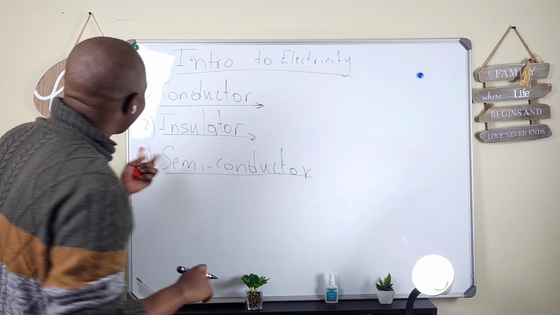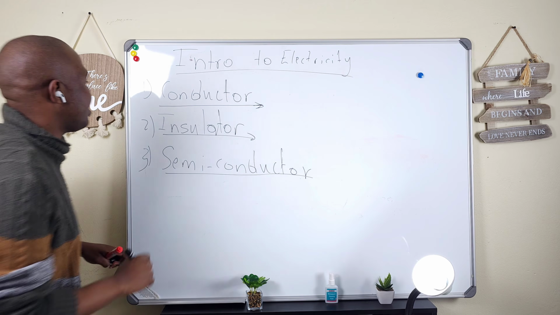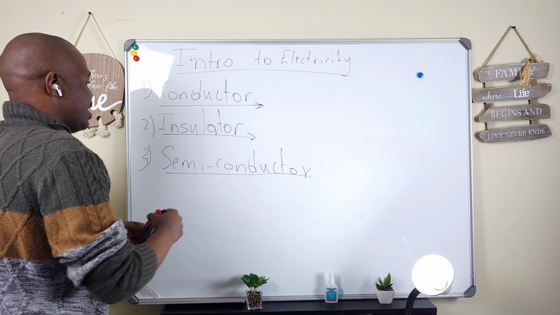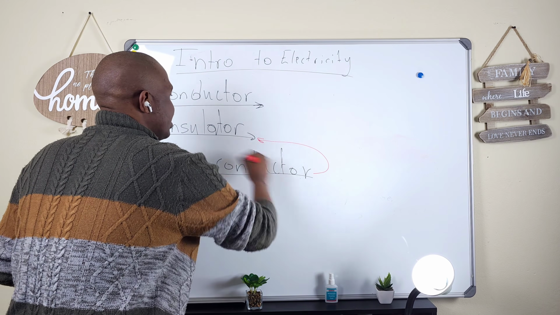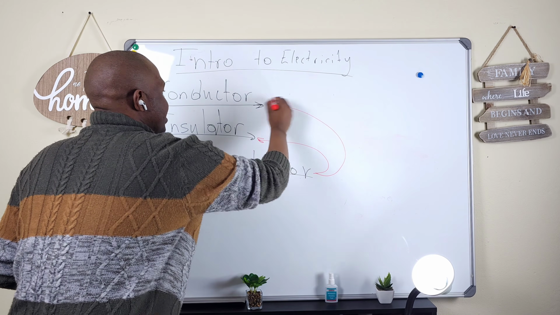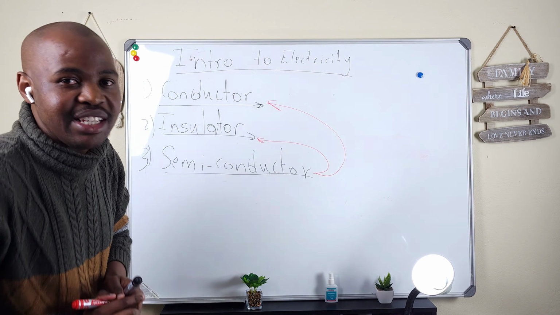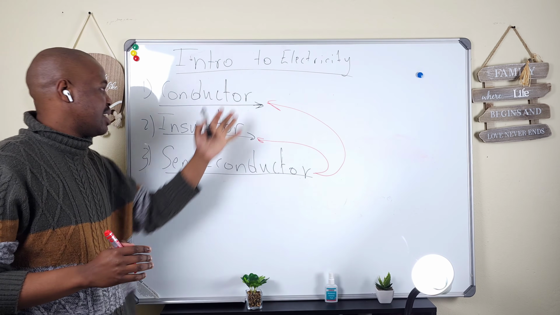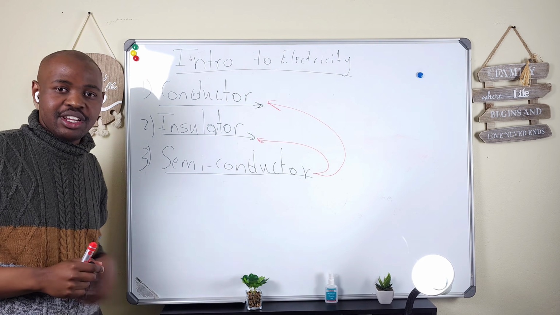This material can behave as an insulator or as a conductor. It is basically two in one. You can use this material as a conductor or as an insulator based on how you want to use it.